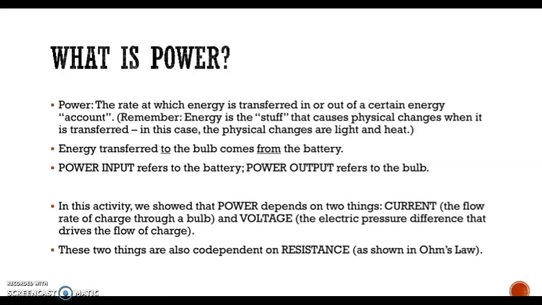In this case, the physical change is in terms of light and heat. Energy is being transferred to the bulb from the battery, so the power input is the battery, the power output is the bulb. And in this activity, we just showed that power is dependent on two things, the current and the voltage. And those, of course, are both dependent on the resistance as well. Okay, so we can probably make a couple of different equations based on that when we get that far.